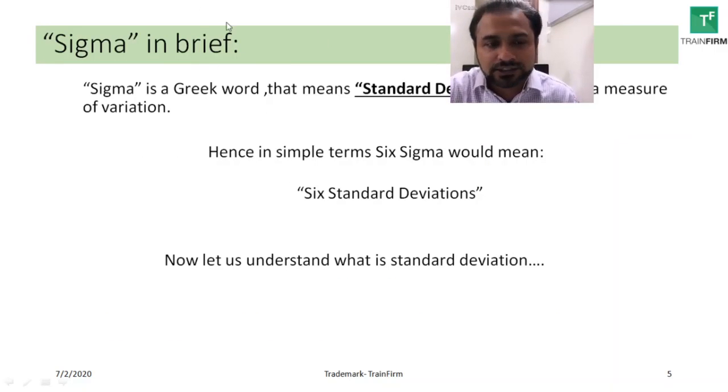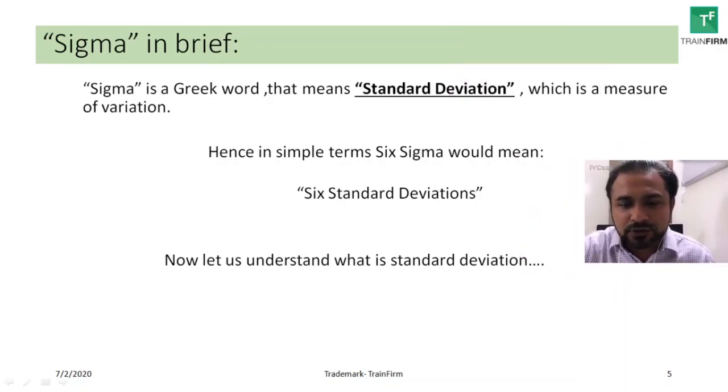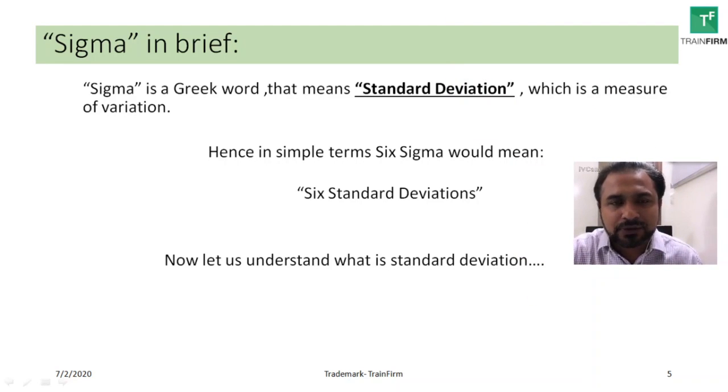Okay, so six we understand, but we're still confused about what is that word Sigma. Okay, so let me help you there. Sigma is a Greek word, and the meaning of that word is standard deviation. Okay, so now we understand that standard deviation is a measure of variation or deviation, right? So it gives us somewhat of a clue that we are talking about six standard deviations, so it has got something to do with reducing the variation, being more consistent, right?